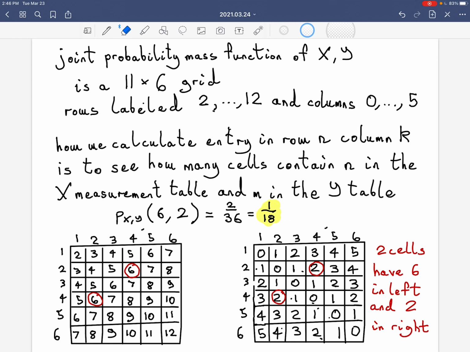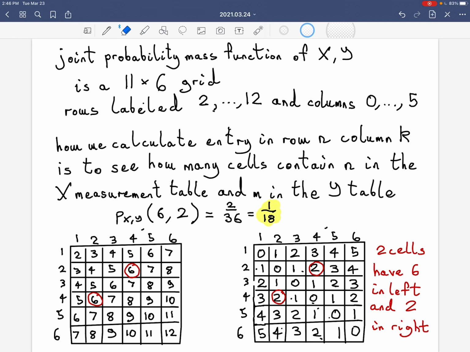And the outcome where the first die is 2 and the second die is 4 also gives me my desired pair of random variable values. So I include both of those outcomes in the event I'm trying to calculate the probability of.